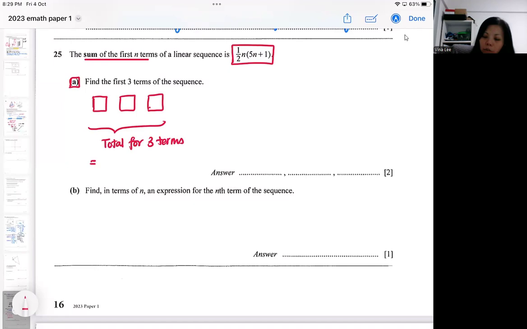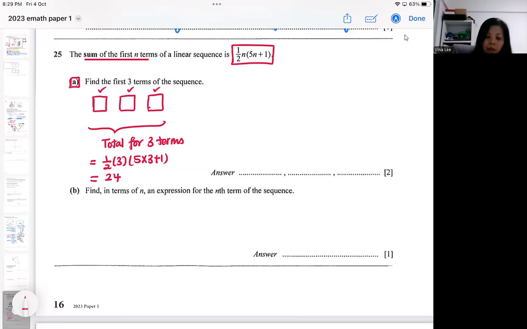So I'm going to find the total for 3 terms by putting in 3. If I put in 3, I will get 24. So these 3 numbers will add up to 24.